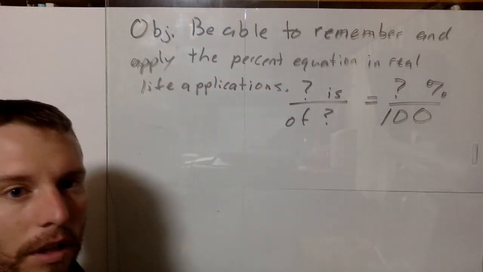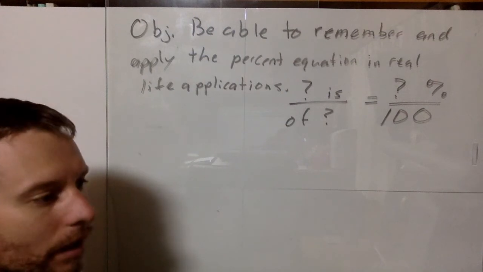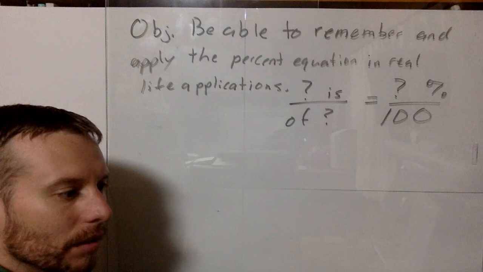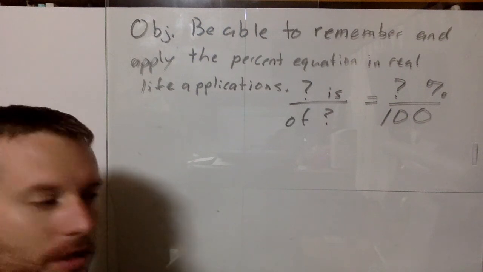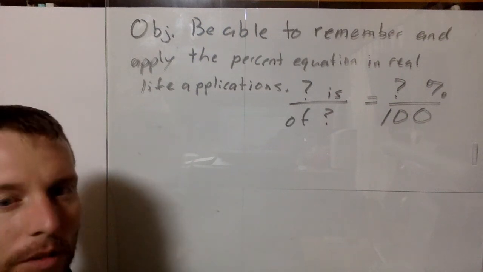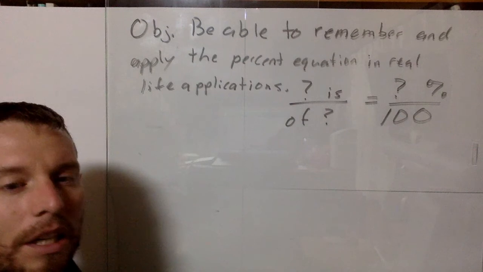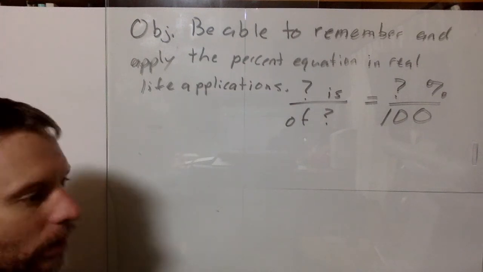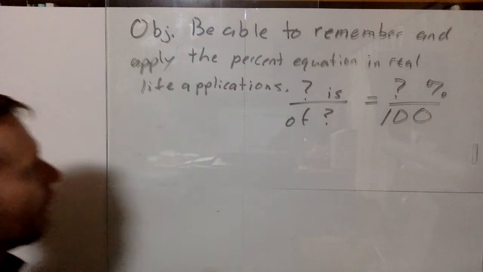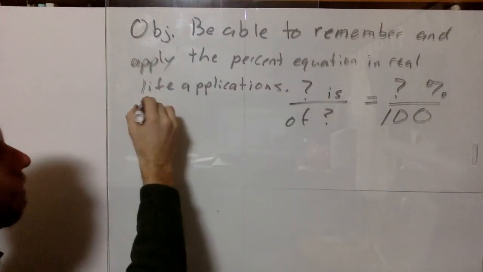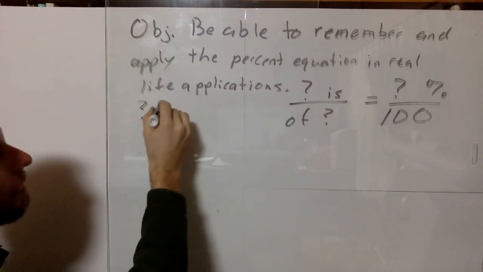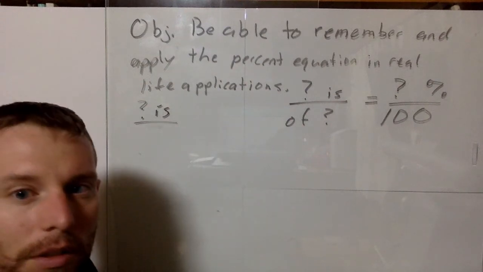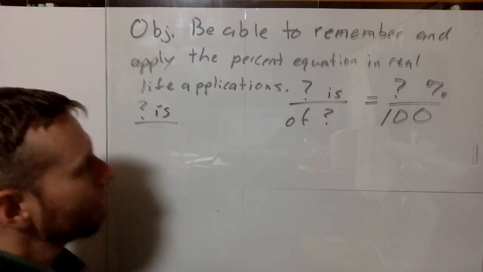Let's say I'm going shopping, and I want to know what is 40% of 50, because they're having a sale. What I want to buy is $50. It's 40% off. I want to know how much I'm going to save. So what is 40% of 50? The question says what is, so we don't know that. That's what we need to solve.